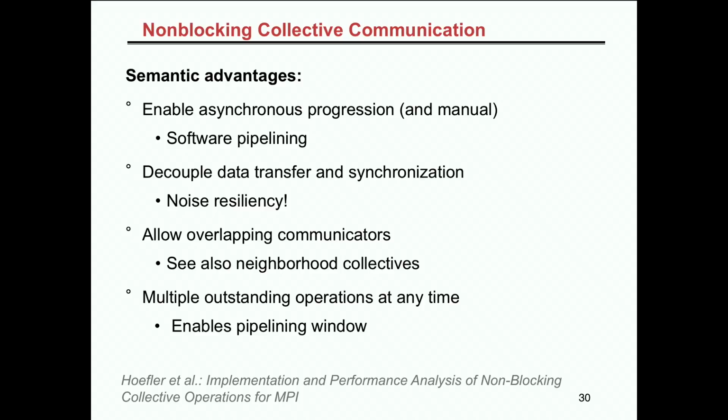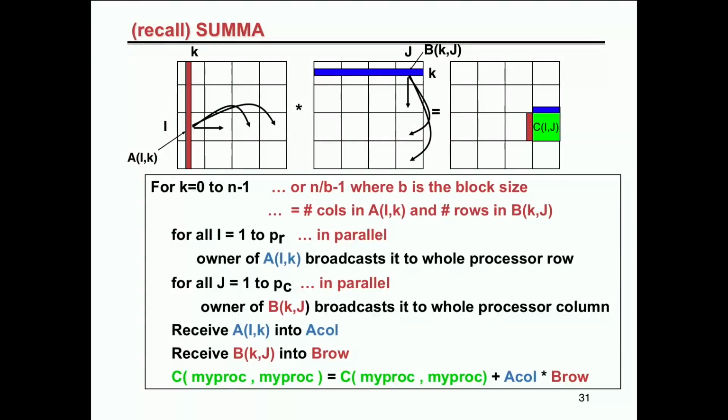Even if one guy is slow or two guys are slow, you're just going to return, and they will catch up later. So it's a much more noise-resilient way. And it allows for overlapping of communication and computation, and that's the example we'll go over. So how is this going to happen? Remember Suma from, I don't know, 20 slides ago? The same thing, there's nothing new here.